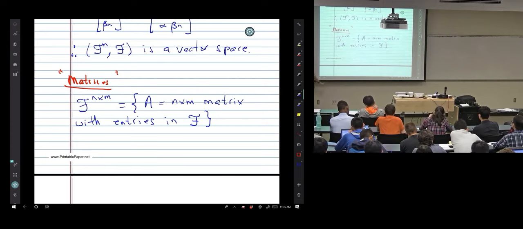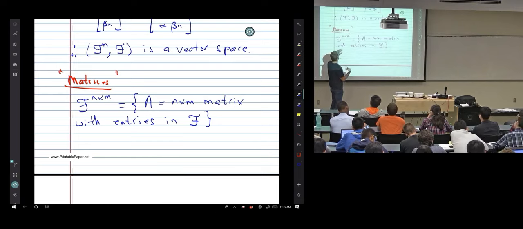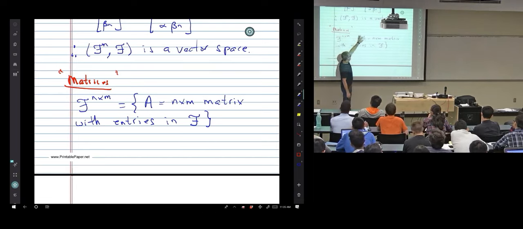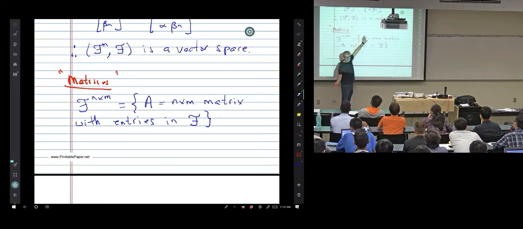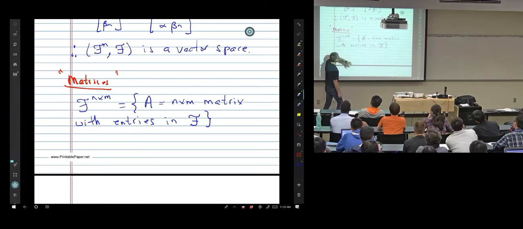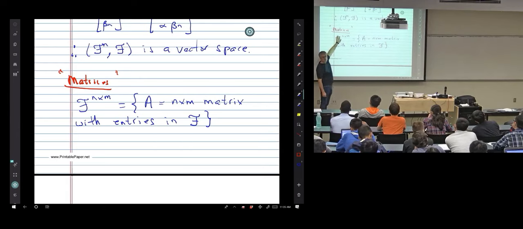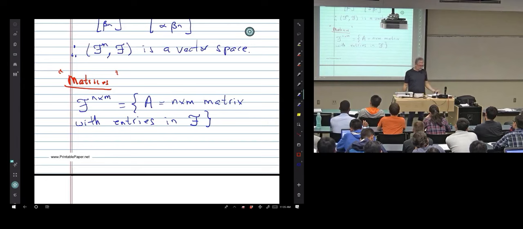I'm going to spare you the gory details because I think you get it now. If I want these to be vectors, how should I define vector addition? Element-wise. How should I define scalar times vector multiplication? Element-wise. And then it becomes a vector space, okay?